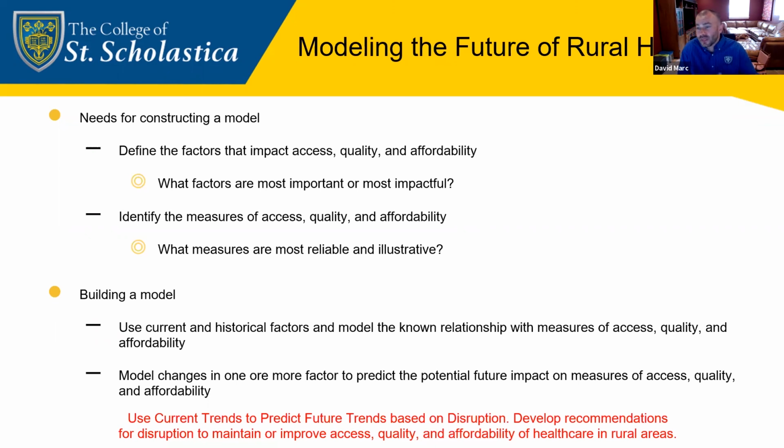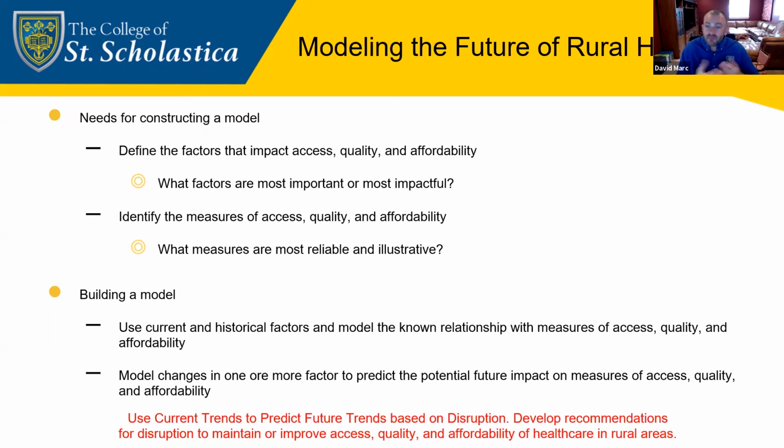And this is where we need your help: to really understand what the factors are that can impact access, quality, and affordability. They can include measures such as broadband connectivity, for instance, and median household income. And then what are the measures of access, quality, and affordability?